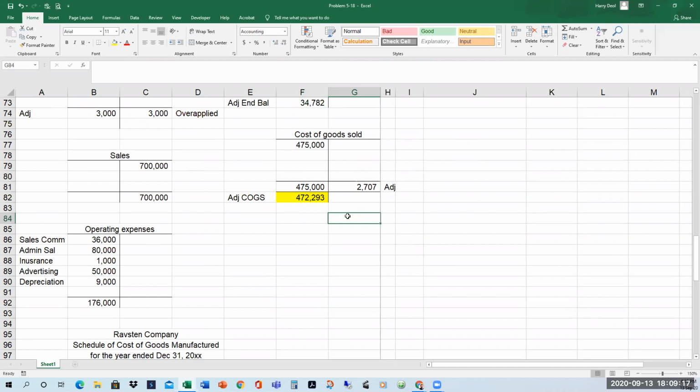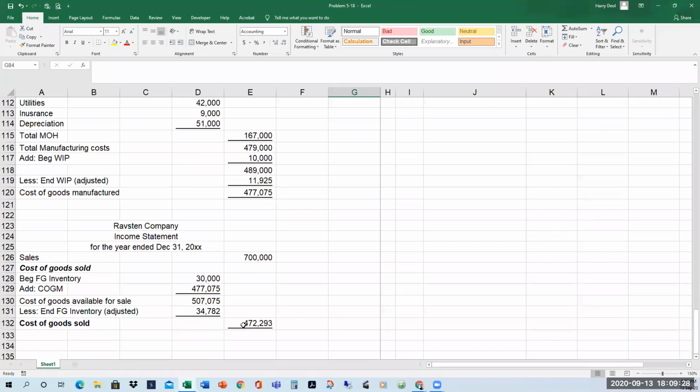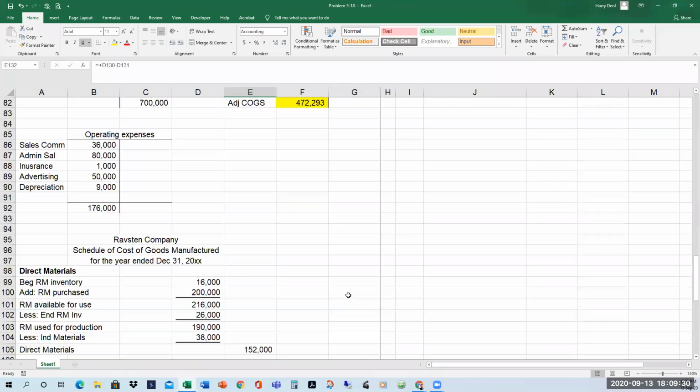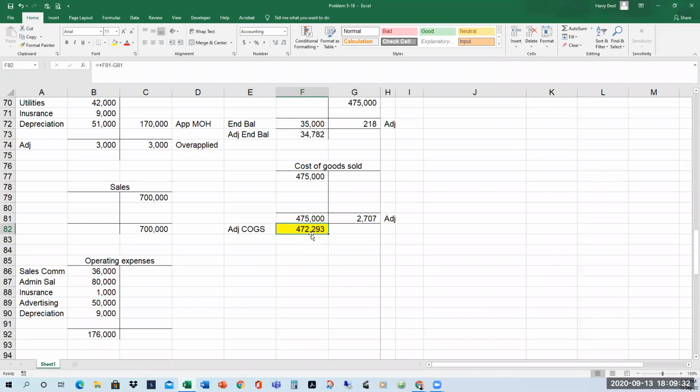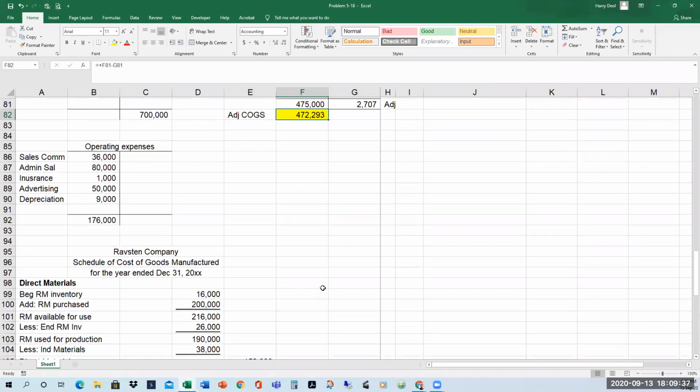This kind of tells you that you've been able to link everything back and you've used all the correct numbers in succession. So if on the income statement, your cost of goods sold amount matches the adjusted cost of goods sold from the T account, things are looking good.